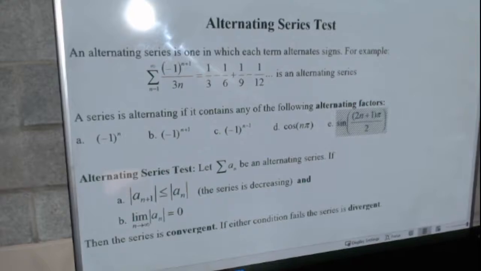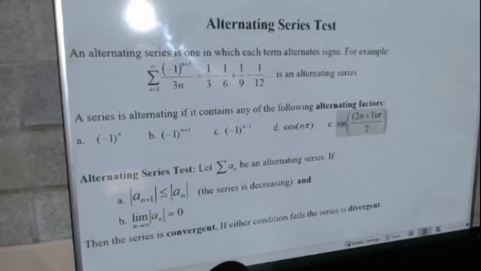So wait, I guess I did have it right, didn't I? Let's see, n equals 1. You get 3 pi over 2. If n equals 2, you get 5 pi. Yeah, I was doing some weird math in my head. I did fix it. Good Lord.